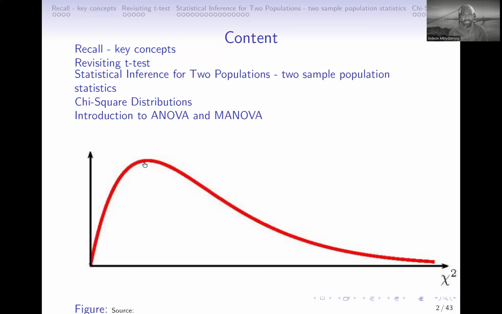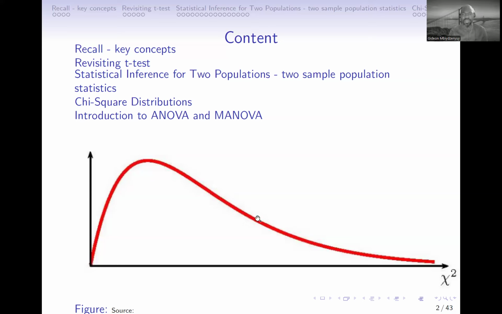I use this picture today just to give you an idea of some of the things that we'll talk about. Is there anybody who has seen this graph before? If nobody has seen that, don't worry about it. This is a chi-square distribution.